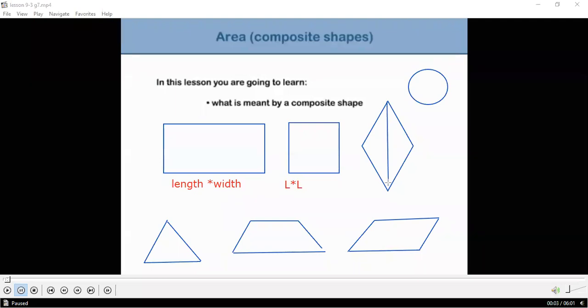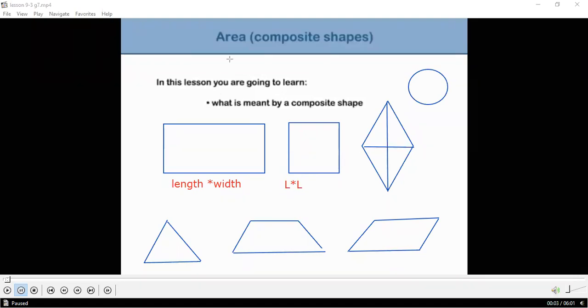This line is called a diagonal, which connects two non-consecutive vertices. So this is the first diagonal, and this is the second diagonal. The area of the rhombus equals half the product of the lengths of the two diagonals.